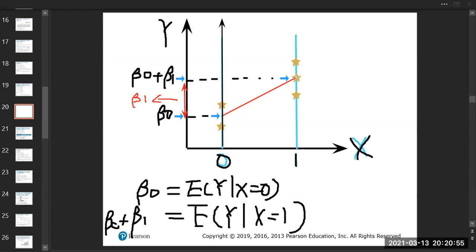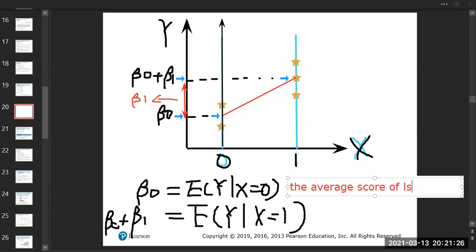So the small school average score is beta 0 plus beta 1. So now you have an idea of beta 0 and beta 1. Beta 0 is the average score of large classes.